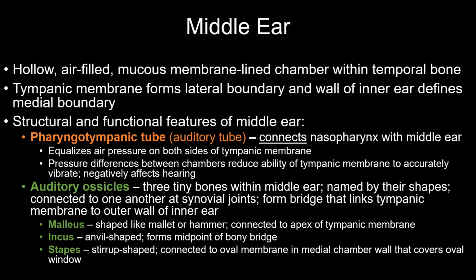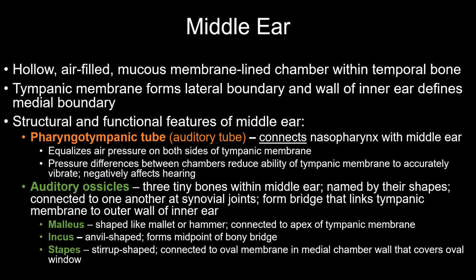But as I said, some of the most important structures in the middle ear are the auditory ossicles, and these are actually the smallest bones in the human body, with all three of them fitting onto the size of your fingernail. And they're named for their shape, okay? The malleus is shaped like a hammer, and this is connected to the apex of the tympanic membrane.